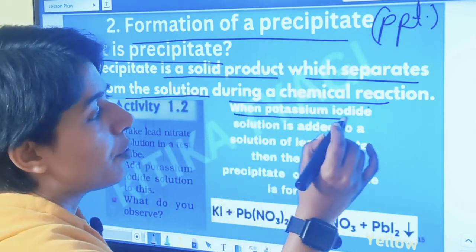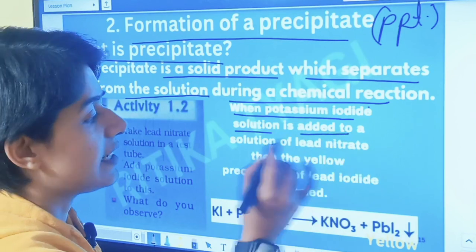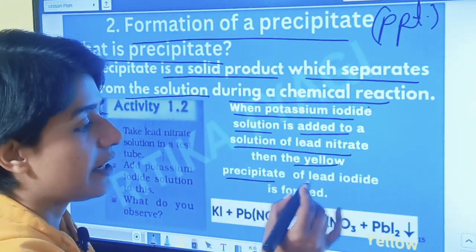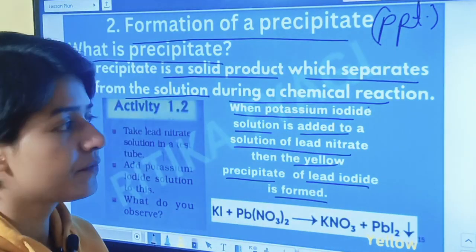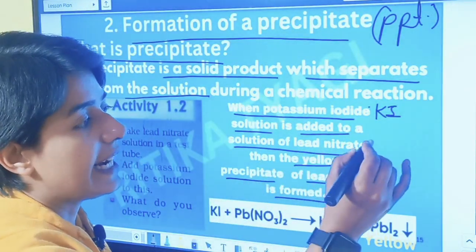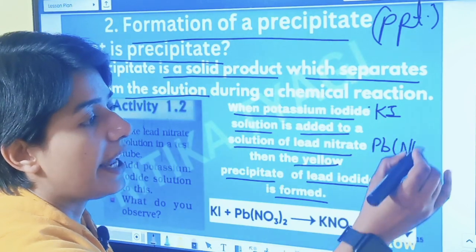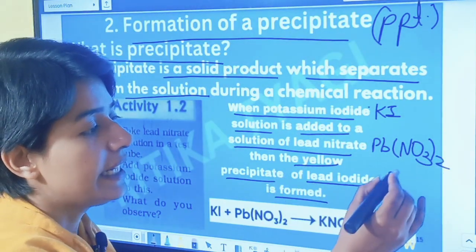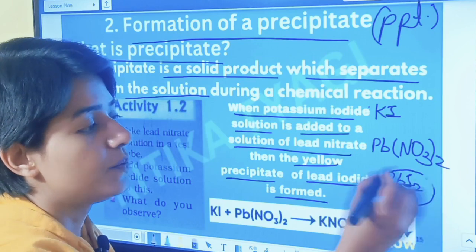For example, when potassium iodide solution is added to a solution of lead nitrate, then a yellow precipitate of lead iodide is formed. Potassium iodide, KI, reacts with lead nitrate, Pb(NO3)2, and it forms a yellow precipitate of lead iodide, PbI2.